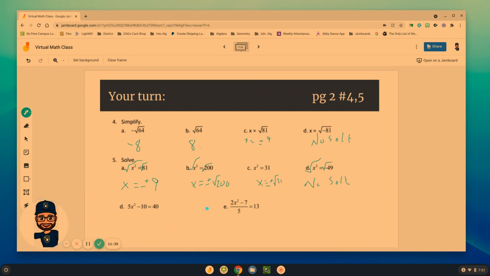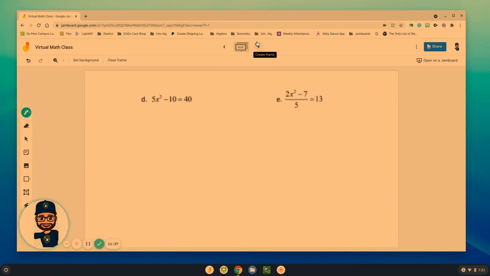I want to take a look at D and E on the next page, and I want to encourage you to pause the video right here to try and solve both of those on your own. Okay, in letter D, again, we need to isolate the x squared, and the first thing to do is to add the 10 to both sides, meaning 5x squared equals 50.